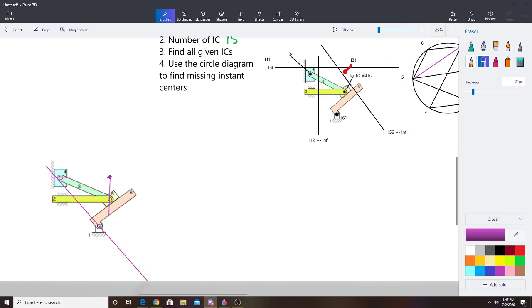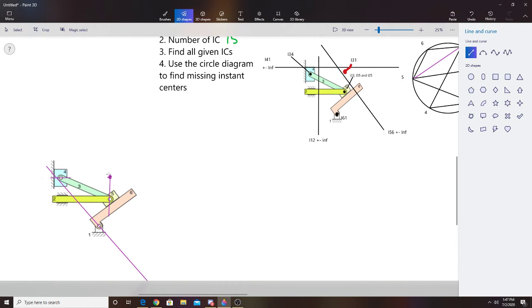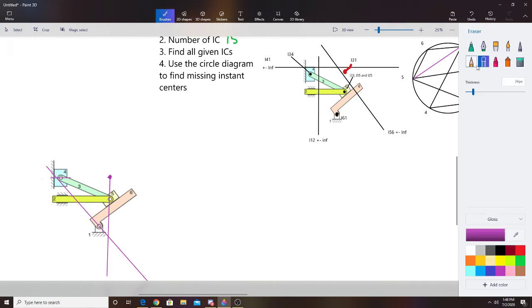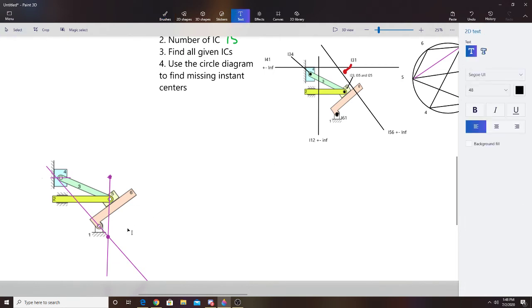Alright, and so if we connect those lines, you will find that it should end up at that connection. And that should be I. Which one were we looking for?